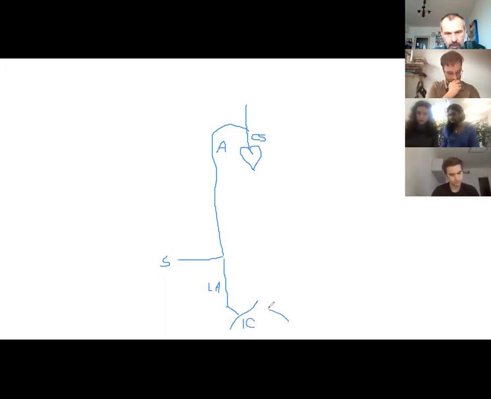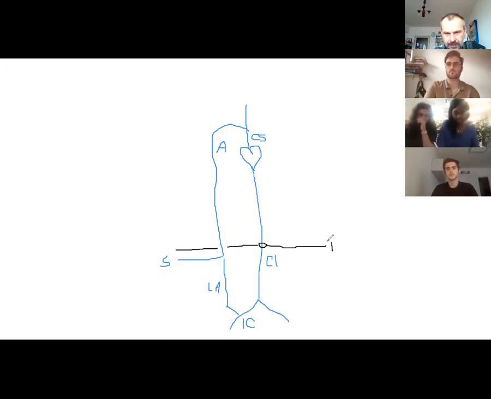Then these two common iliac veins join and form the inferior vena cava. So then we need a diaphragm. It's a scheme, so you can see the diaphragm is quite far from the heart, but it's just a scheme.